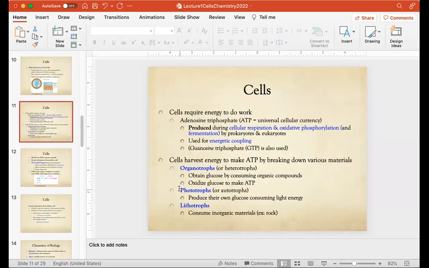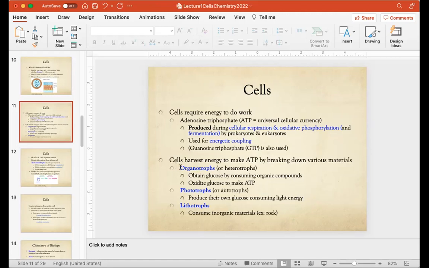So what we're talking about with a phototroph or an autotroph is an organism that can do photosynthesis. Photosynthetic organisms are able to harvest light energy and use it to build carbohydrate, primarily glucose. Then they turn around and they do what we do, which is break down that glucose so they can make ATP.